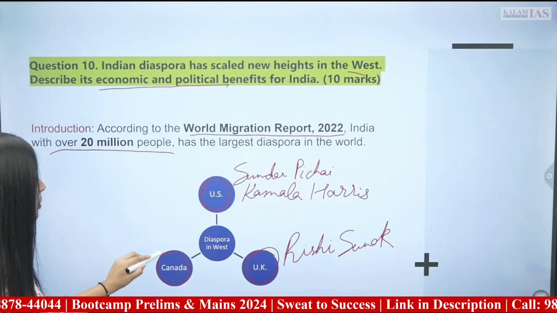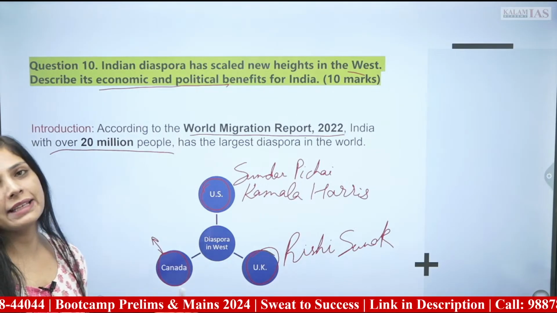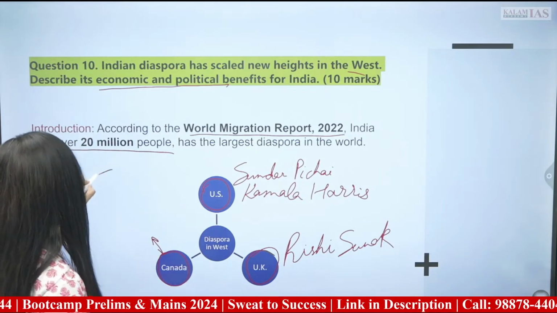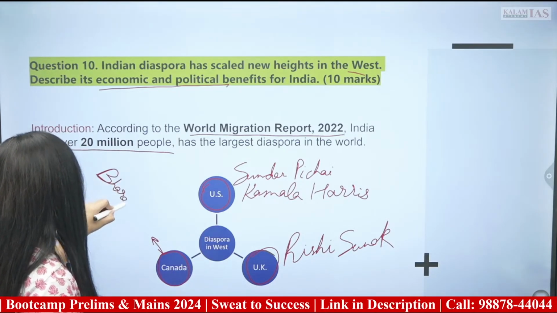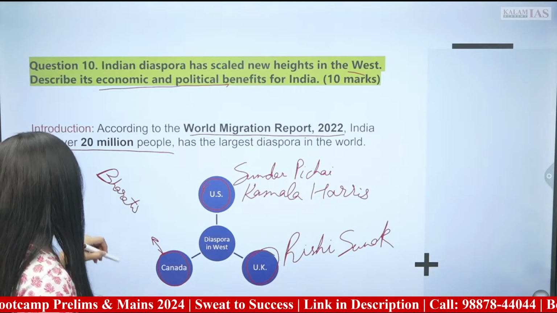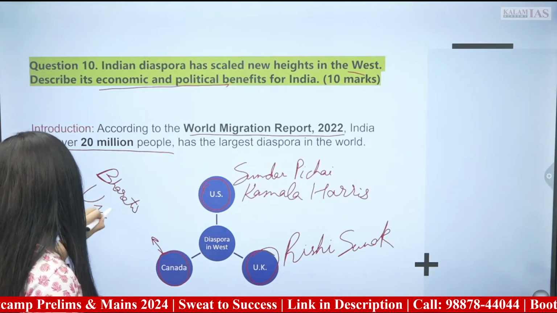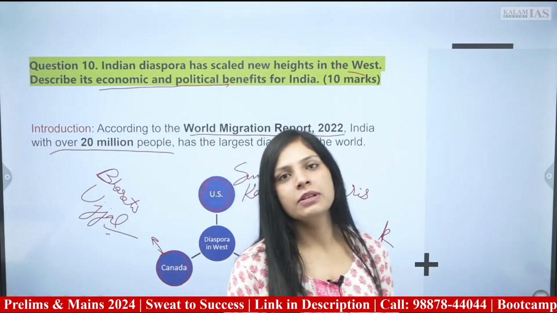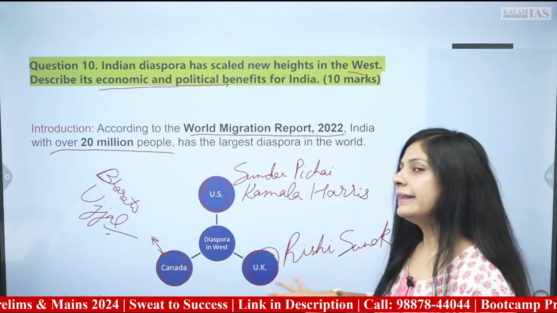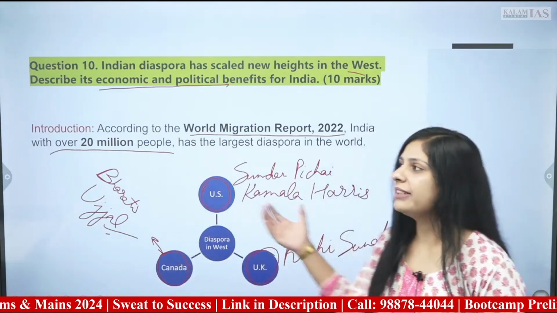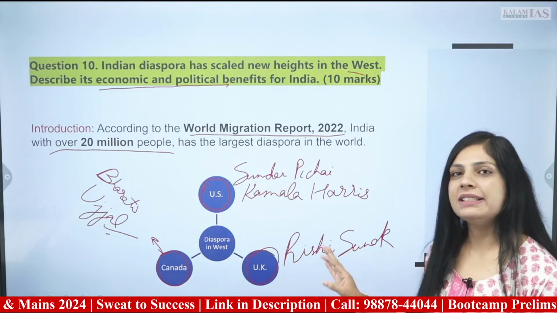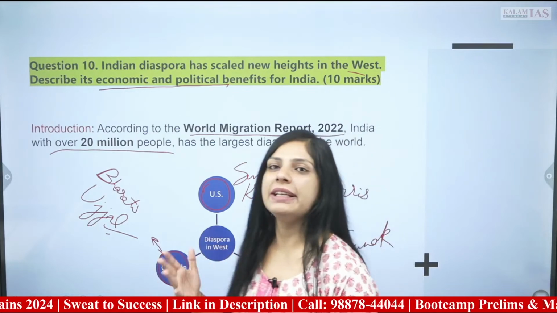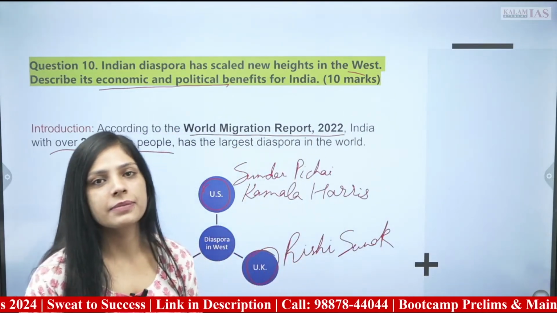Another area, you can take Canada. Who all are there in Canada? Less popular but very influential. Bharti Mukherjee is there. We can take the example of Ujjal Dosanjh, who was the health minister in Canada. See, there are other diaspora members also, but I have taken these names which represent just a fraction of the huge successes which the Indian diaspora has achieved in the West, right?